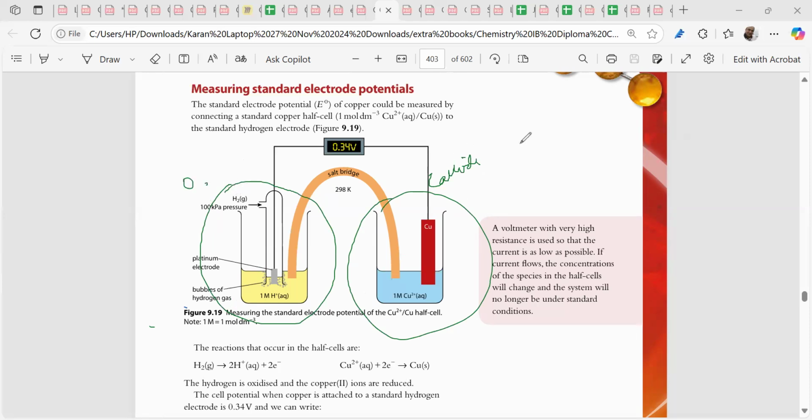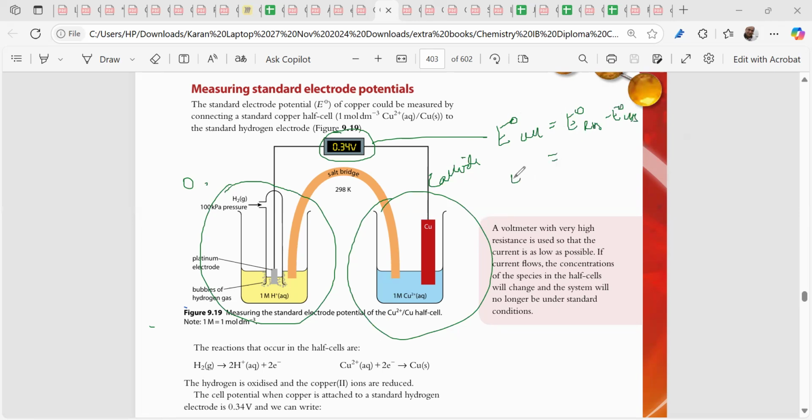So we know that if you connect these, we have to have an oxidation and reduction happening. Without that, the cell won't work. So if we connect these two, whatever voltage is coming out over here is the E cell. E cell will be equal to E right hand side cell minus E left hand side cell electrode potential.